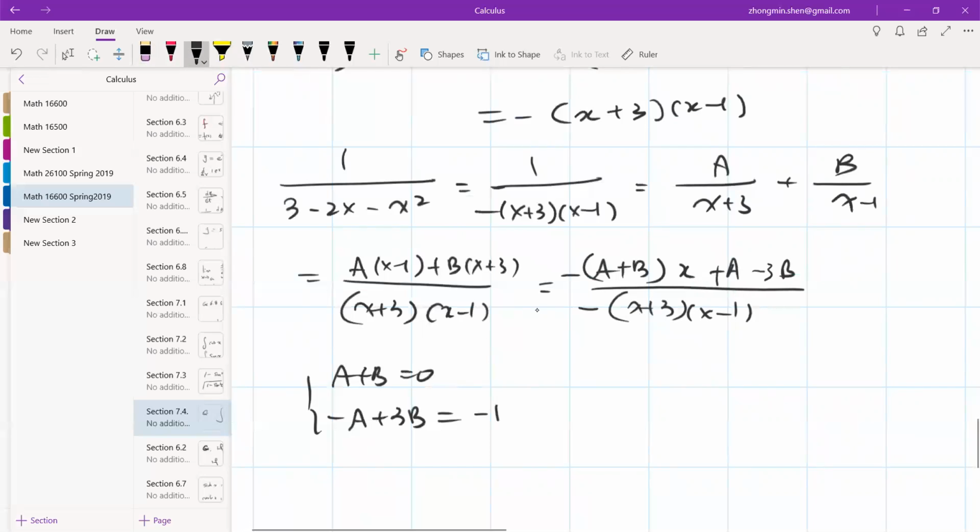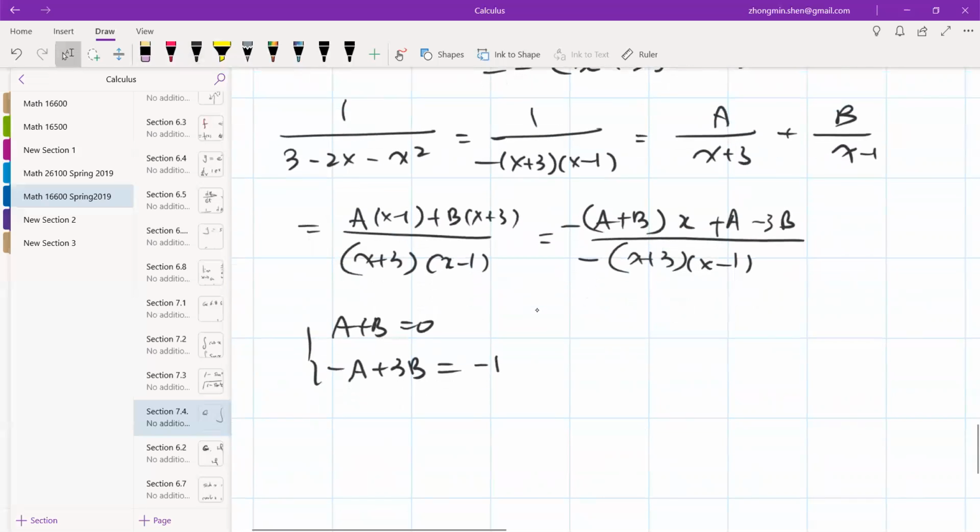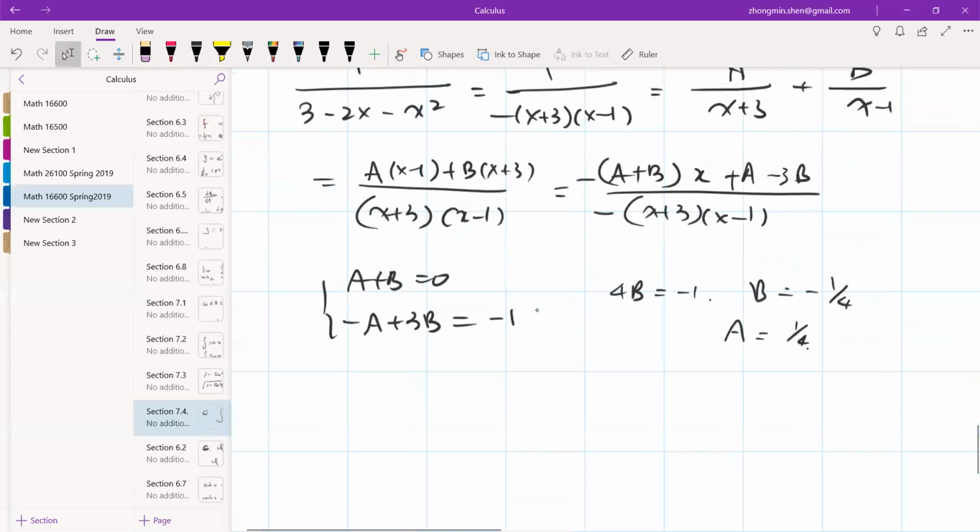So from here you can solve for b. Add them together. You will get 4b equals negative 1, so b equals negative a quarter. Then a is going to be negative b, so positive a quarter. Right.